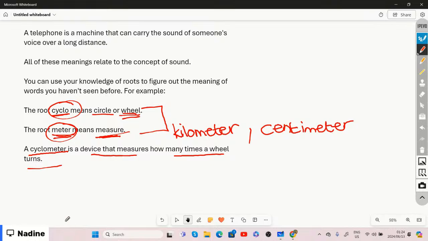Then centimeters will then be, for example, it's also used for measuring, right?